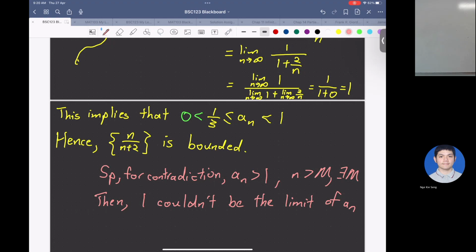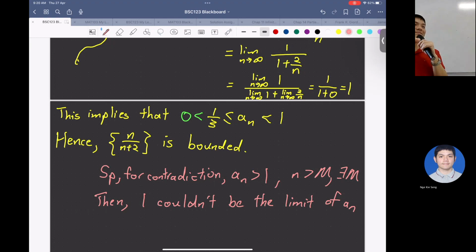You need to listen to what I say and make sense of it. So 1 is not the limit if it is not bounded by 1. It is the increasing that helps you get to 1. Otherwise, you cannot get to 1.